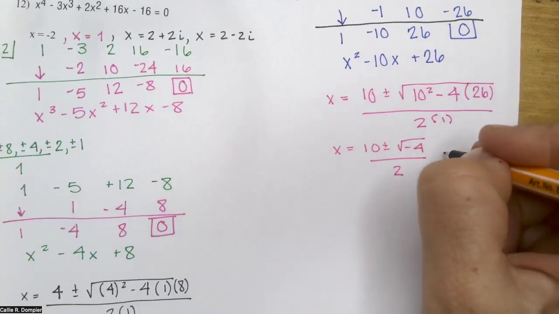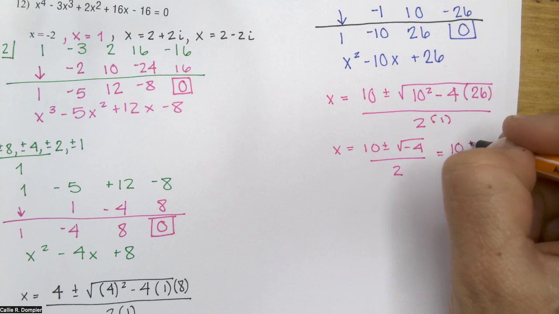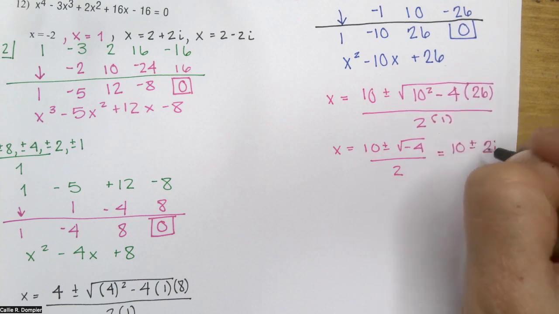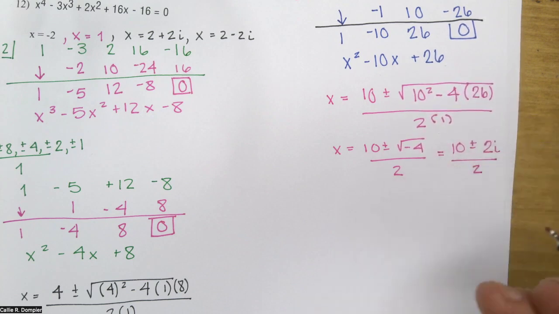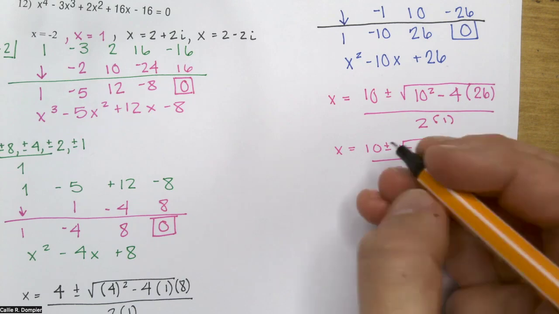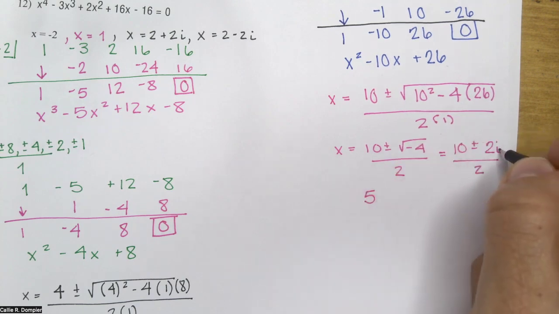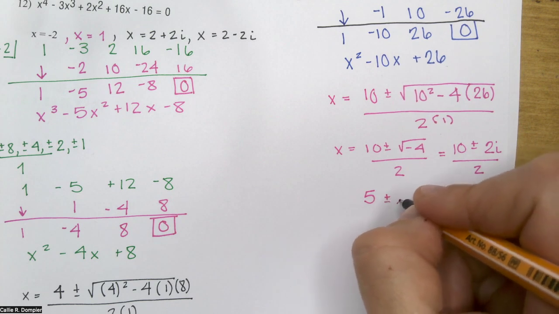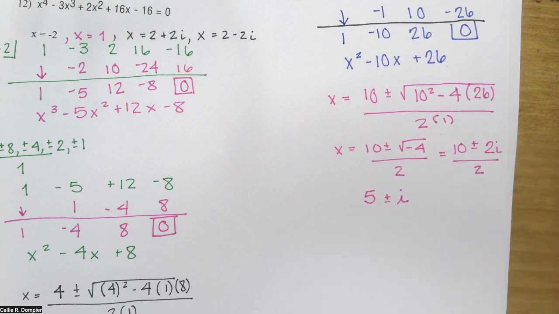The square root of negative 4 is just 2i over 2. And then we're going to just divide both of those parts by 2. 10 divided by 2 is 5. And then 2i divided by 2 is i. So we have 5 plus or minus i.